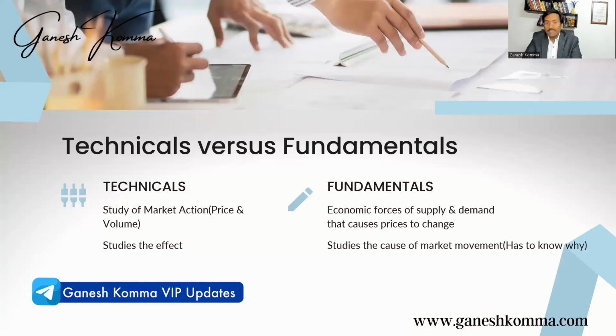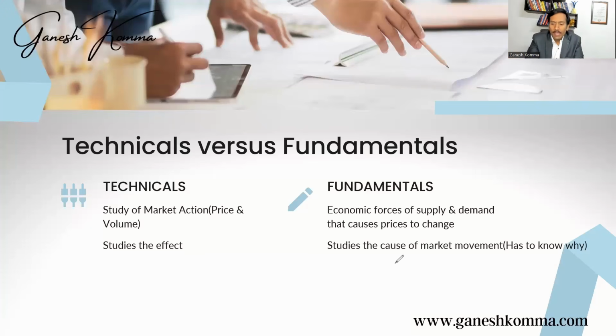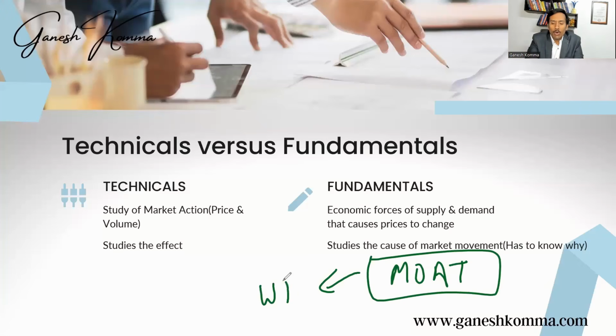So yes, let's say there is a company X where it has a strong moat. So what do you mean by moat? As defined by Mr. Warren Buffett, a company which has competitive advantage. Competitive advantage can be in terms of its goodwill. It is there for a very long term, some decades. It has very good management.